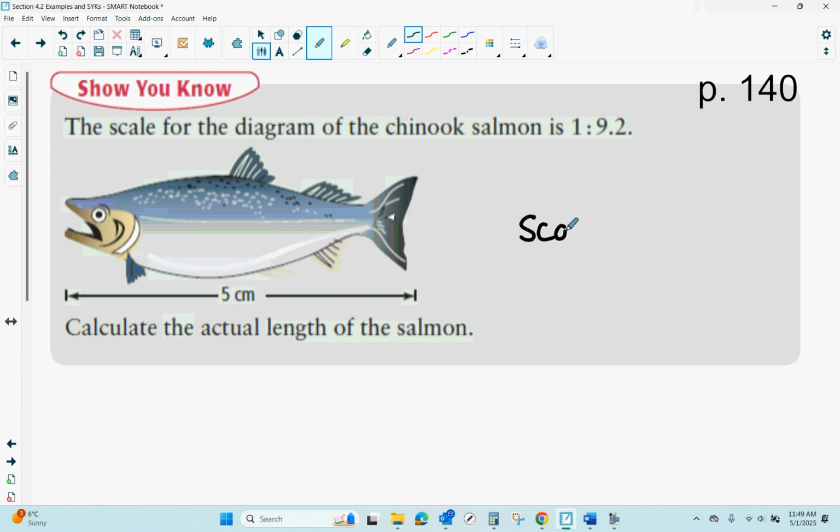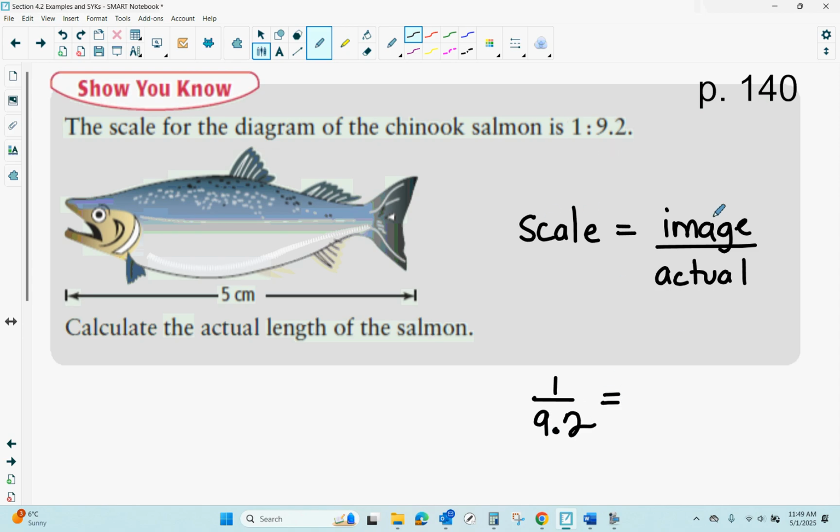You need your formula for scale, image divided by actual. I'm going to substitute my scale in for scale. My image has a measurement of 5 centimeters, so I put a 5 on top. And the actual salmon, I don't know, so I'm going to put A for actual.